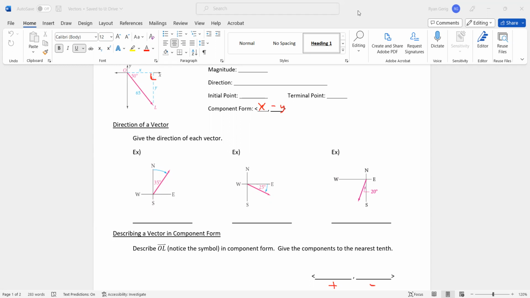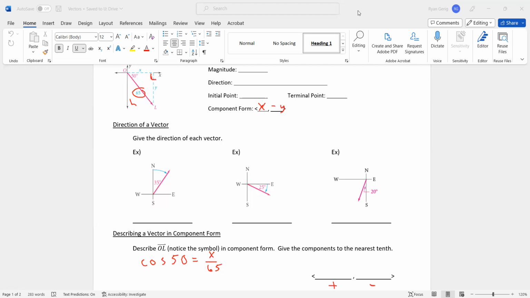I've got that 65, which is the hypotenuse, and I'm trying to find x, which is adjacent to that 50. So I'm going to use the cosine of 50 equals x over h, where h is 65. So I'm just going to do 65 times cosine of 50.